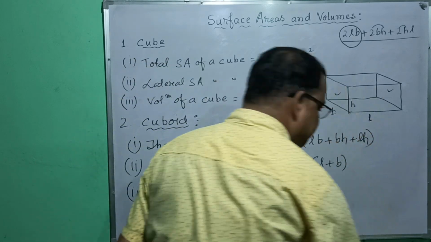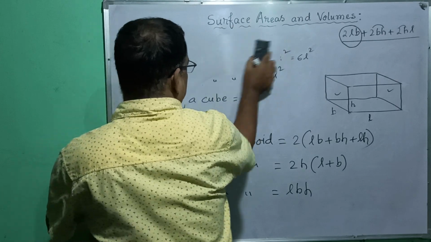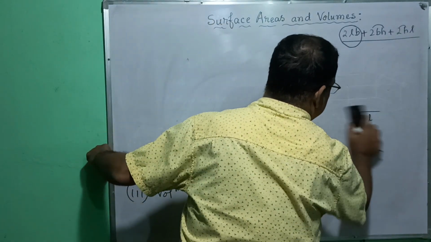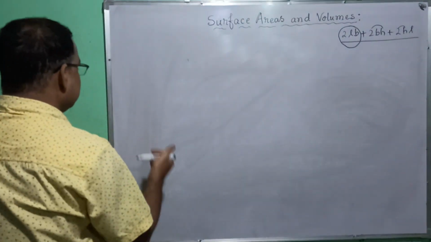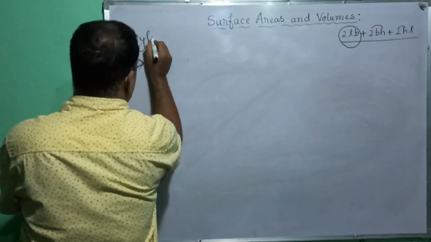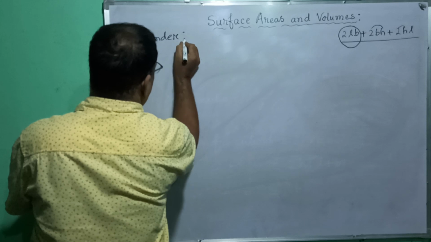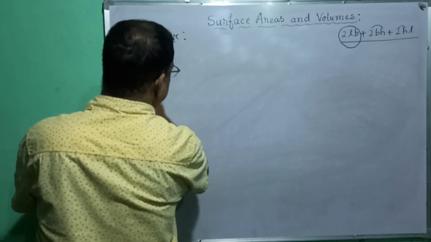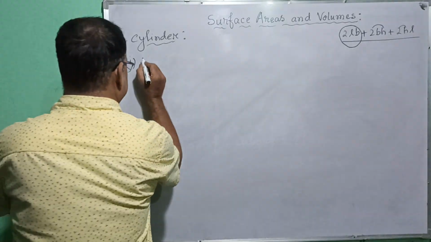Now we will start cylinder. So I am removing this now. Our third figure is cylinder. So in case of cylinder, we will write number 3 as cylinder. First of all we will write total surface area.